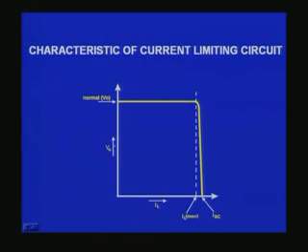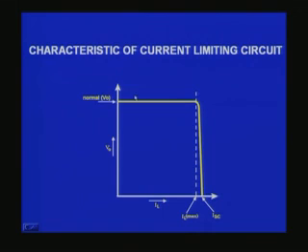This is voltage output versus load current, and when the load current increases initially, because it is a regulated supply, the voltage remains constant for a large range, and then when I increase the current to IL max, which is the maximum rated current, the output voltage immediately drops to 0, and the short circuit current will be a slightly larger value than the IL max that we have seen.